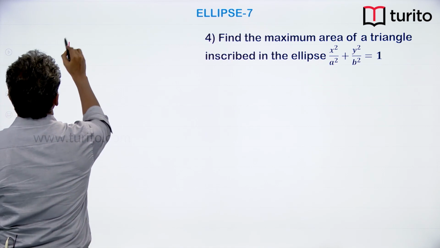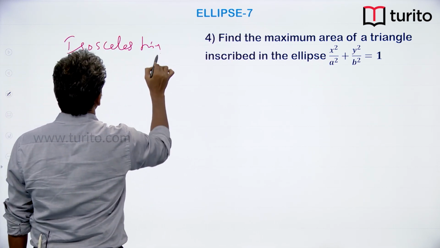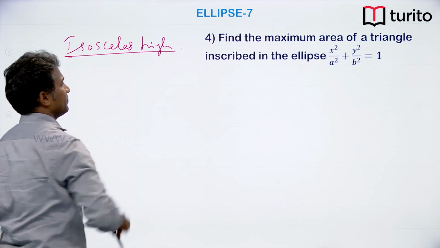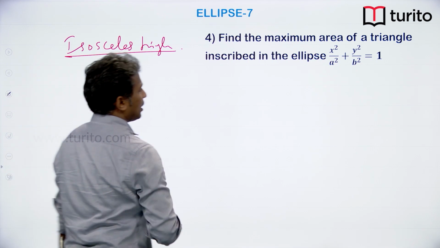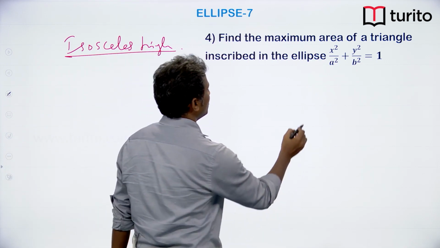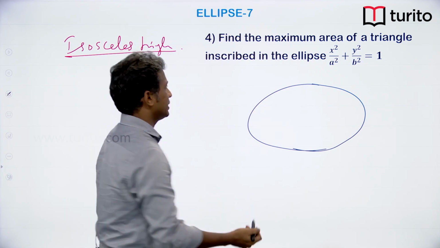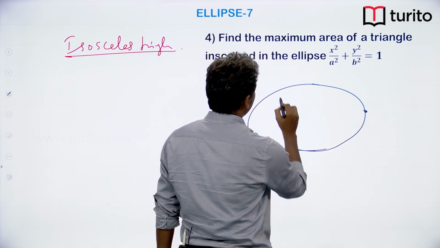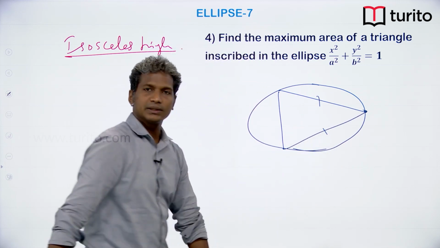So, let us say I assume that the triangle is going to be an isosceles triangle. If it is an isosceles triangle, how will it possibly be located? Let us say this is my major axis, I can form one isosceles triangle like this.